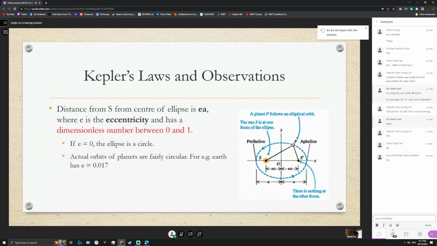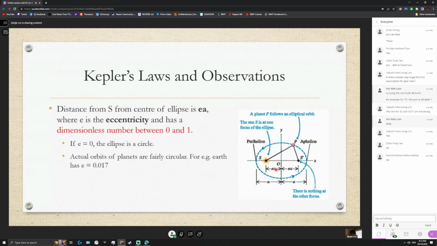And the distance from S, from the center of the ellipse, is EA, where E is the eccentricity and has a number between 0 and 1. So from this point O to where the sun is, we call it EA. That means A is this distance here.